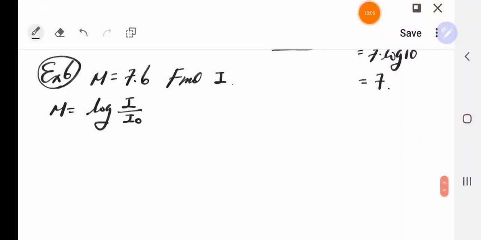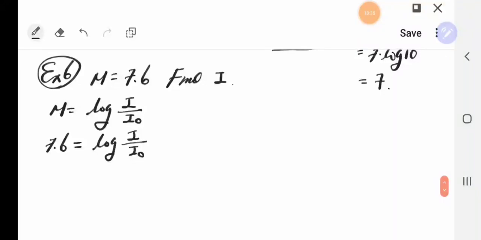Okay, example 6. This time we will find the intensity of the 1999 Taiwan earthquake. The magnitude is measured as 7.6 on the Richter scale. So from this we want to find the intensity. So using the formula, m equals logarithm of I over I0, and m is 7.6. So let's replace this m with 7.6, equals logarithm of I over I0.